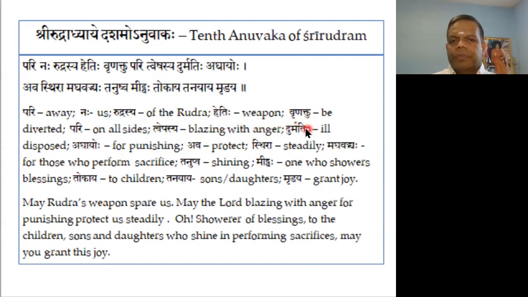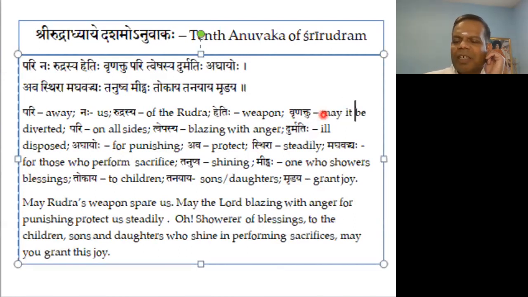Vrinaktu, it's a verb, a wish, like bhavatu, which means let it be. So in this case, may it be diverted. I think I should have put may it be diverted.